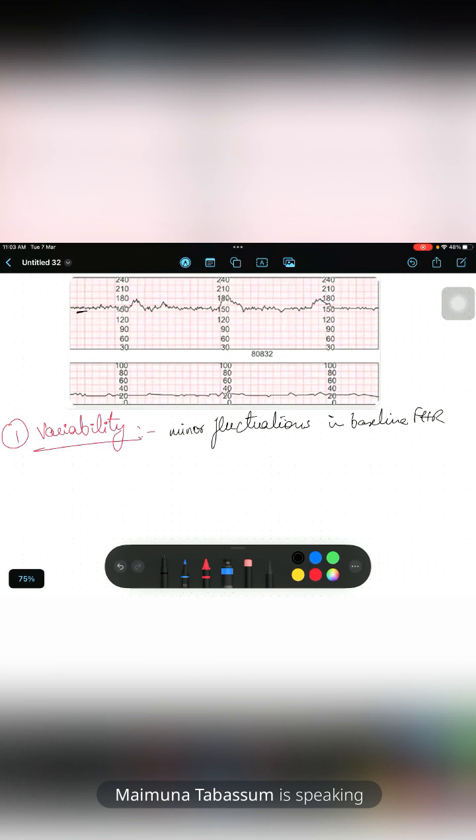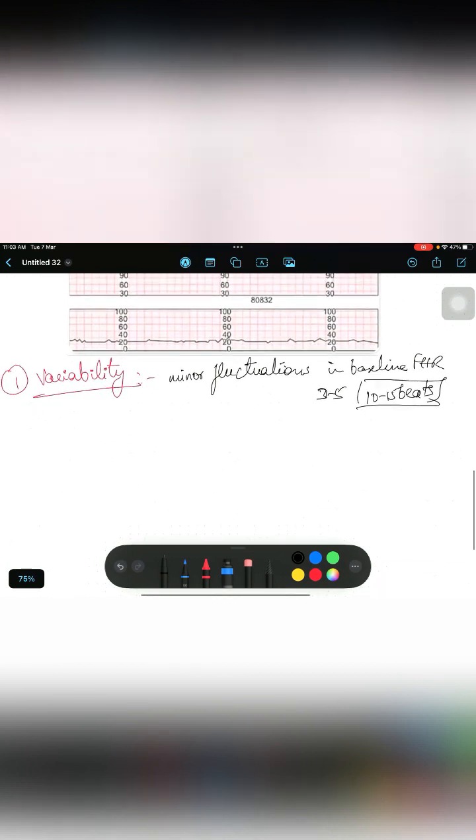So here you are seeing the variability at about 3 to 5 or 10 to 15 beats. If you are seeing a difference, then it is known as the variability. So how is it measured? It is measured by estimating the difference between the highest peak and the lowest trough of the fluctuation.